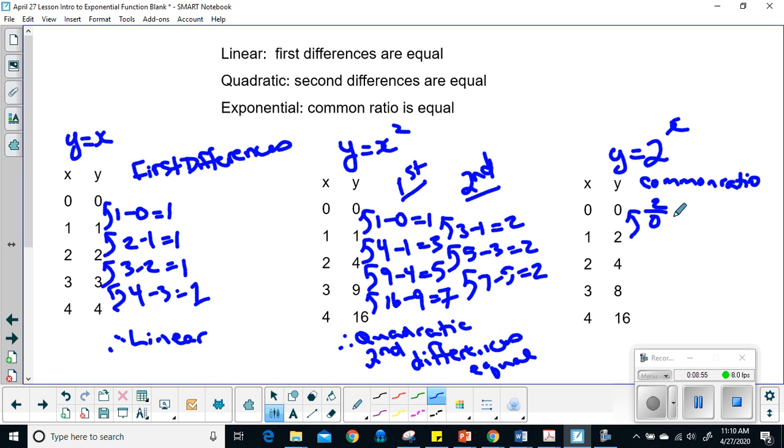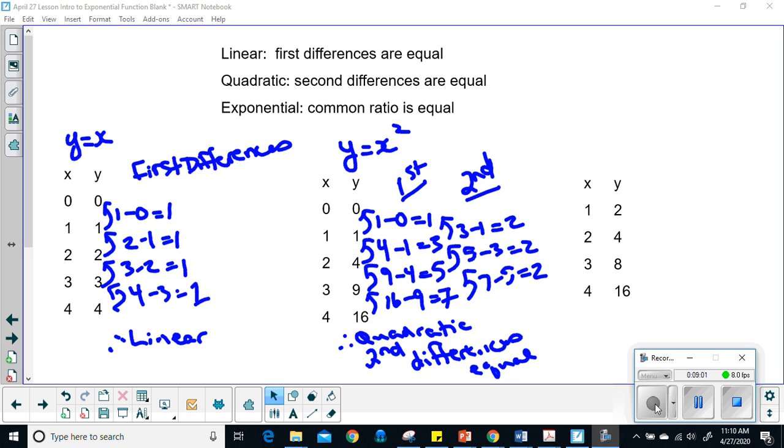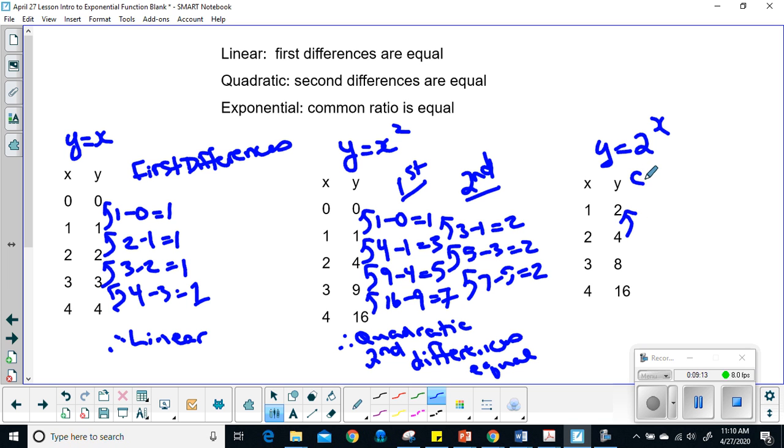I'm still going bottom over top, but this time I'm going to divide. So 2 divided by 0. Okay, well, you can't do that one. Why did I do that? This last table of values is representing y equals 2 to the x. Here we do our common ratio.